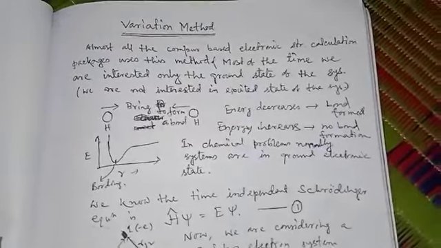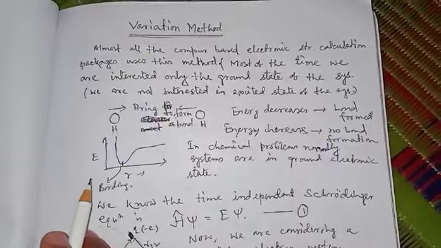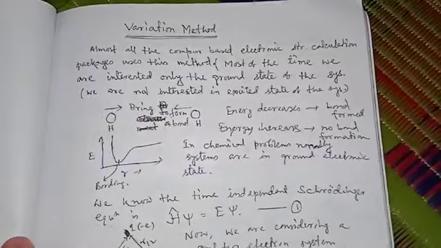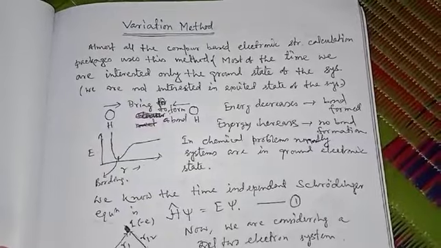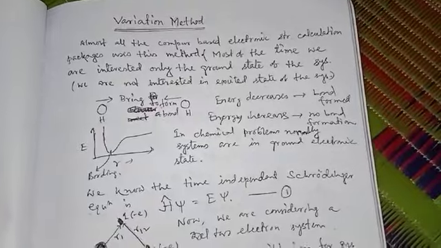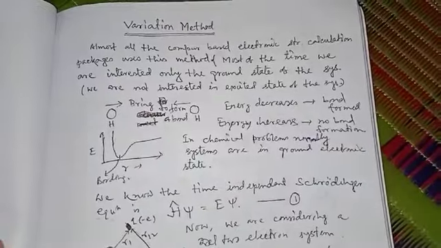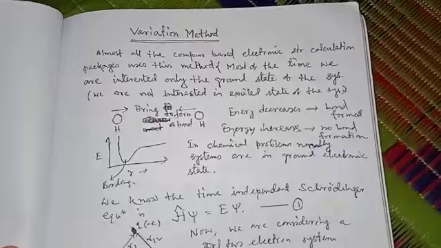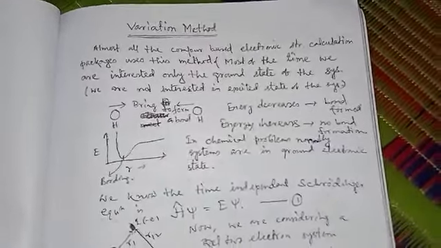This method has become very popular because nowadays plenty of software is available which can calculate the wave function or energy of a many electron system using some algorithm or programming, and this software is basically known as density functional theory based software.